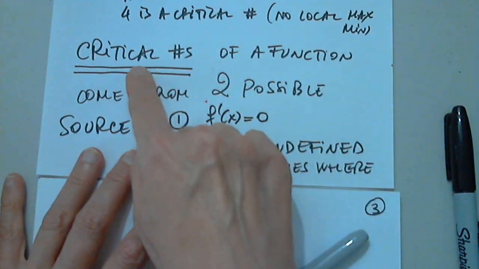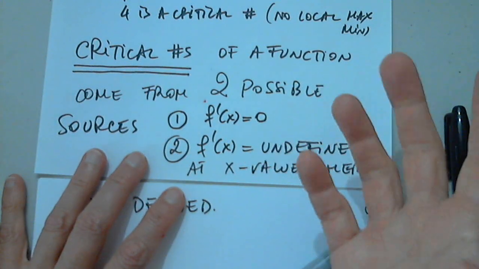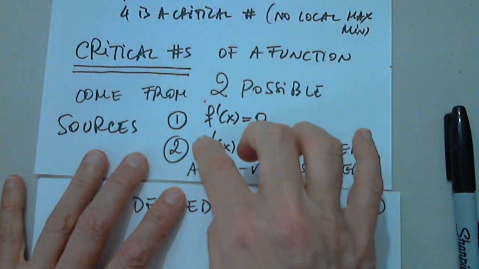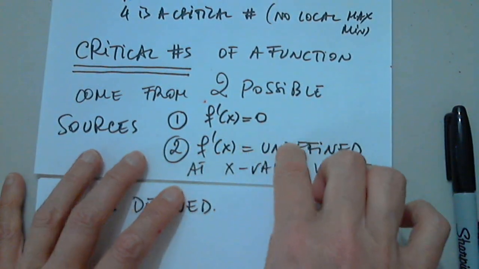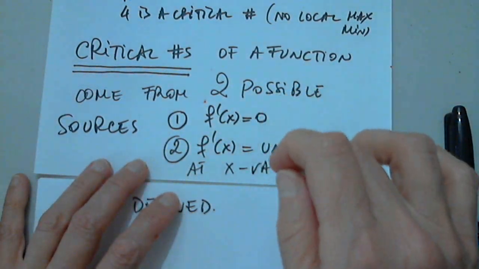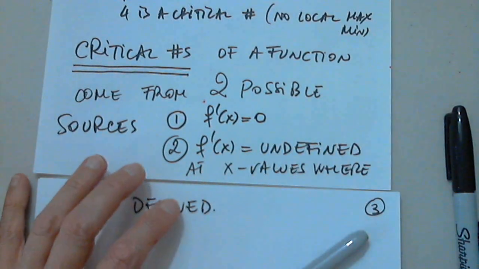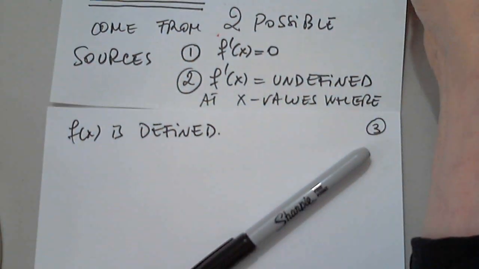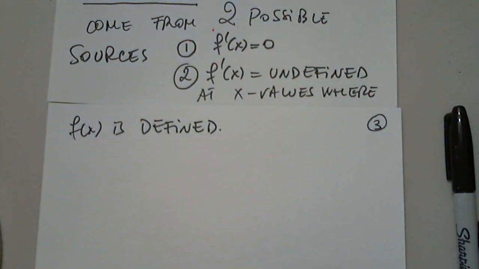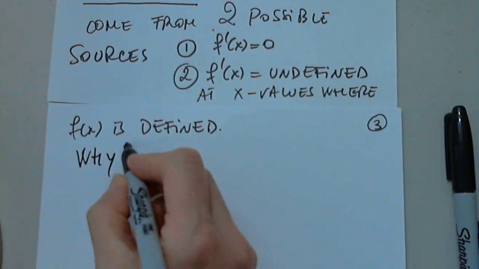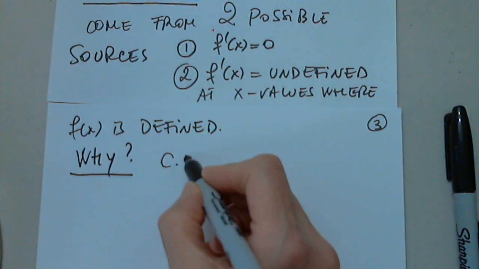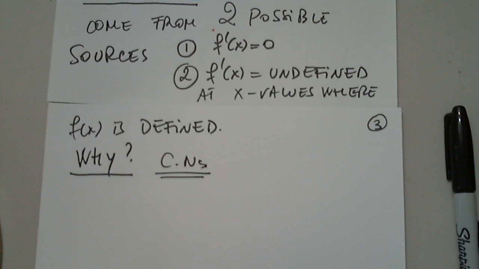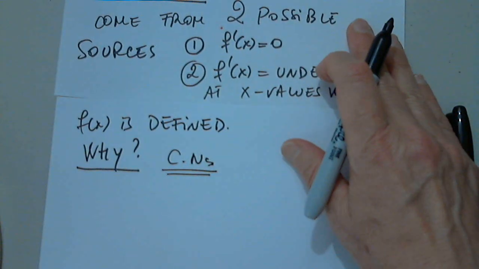We may find critical points coming from solving this equation, or from this condition, or from both, or from none of the above. Now, before we go into further details, why do I need to look for critical numbers? Why on earth will I need that?